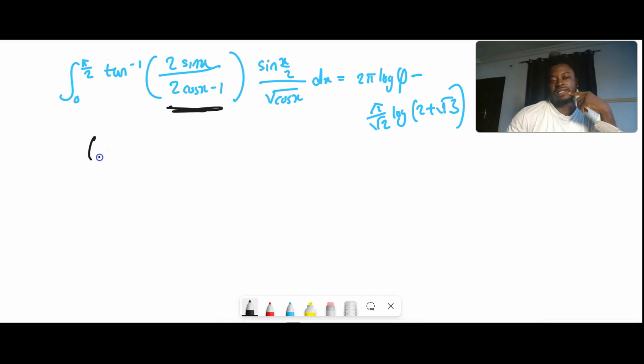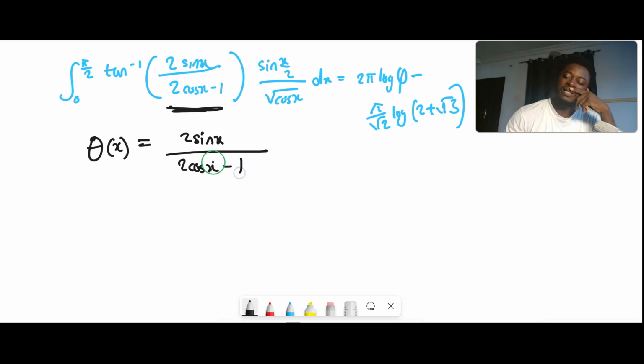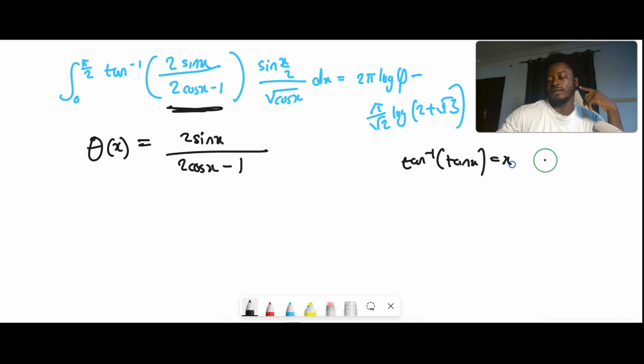So let's denote it by theta of x, which is 2 sine of x, all divided by 2 cosine of x minus 1. And notice that tan inverse of tan of x would be equal to x, of course, if x is in the range negative pi over 2 less than x less than pi over 2.